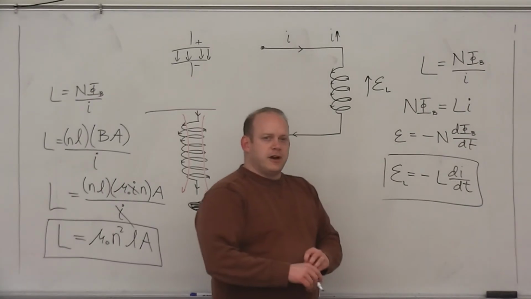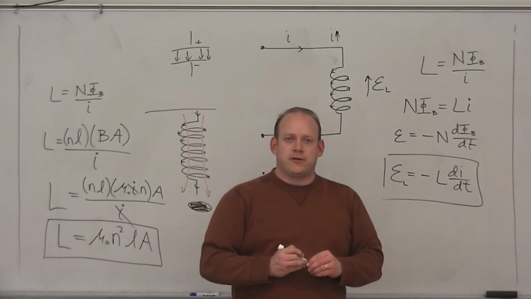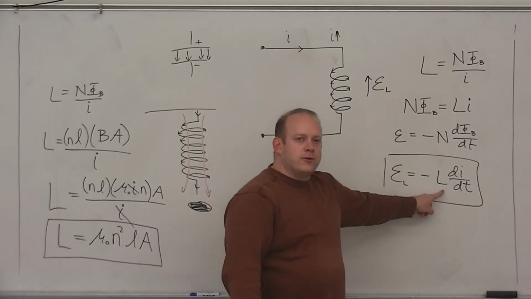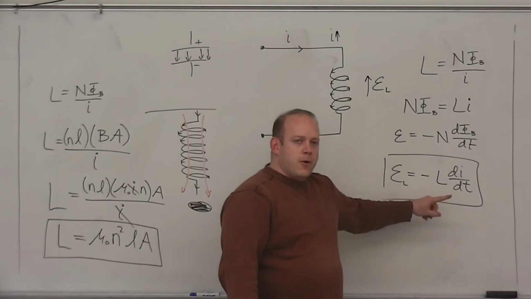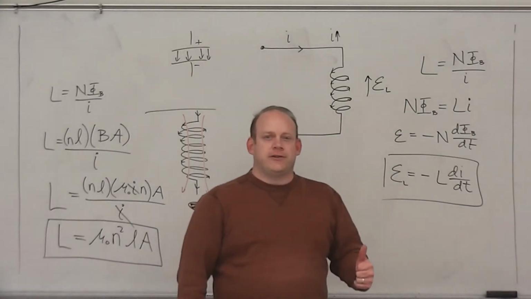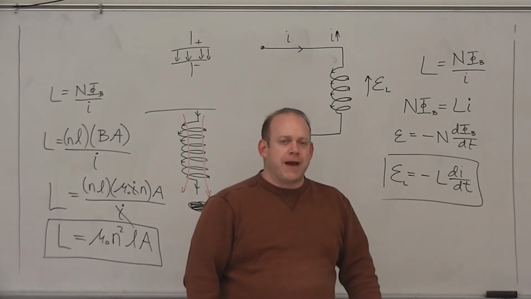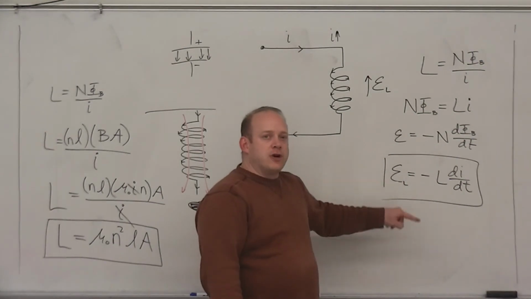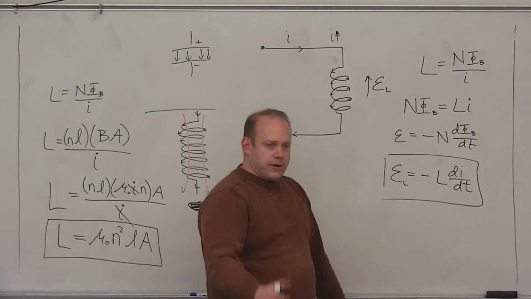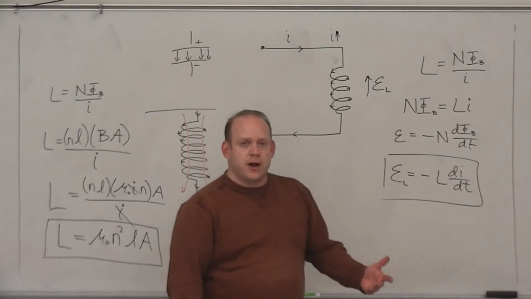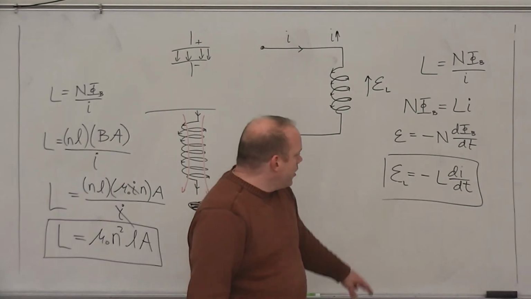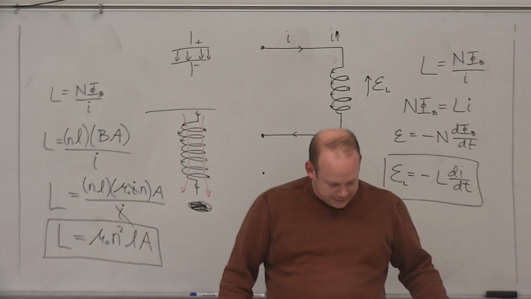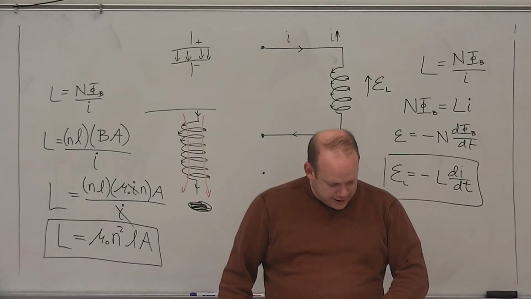The voltage across an inductor, when we start looking at these RL circuits, is going to disappear to 0. Whereas with a capacitor, it increased to match whatever the battery was. This will start off at about what the battery is, and drop off to 0 if I put this in series with the resistor and inductor. So this is going to be important, and we're going to talk about RL circuits next. And we'll get into that, and we'll close it up.